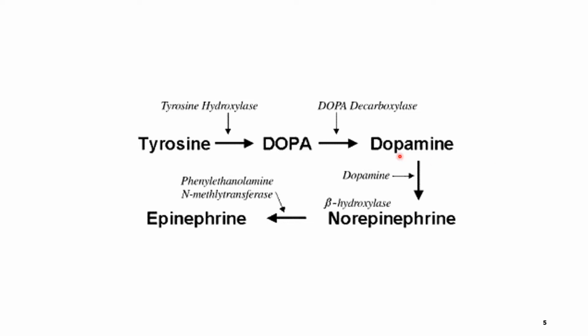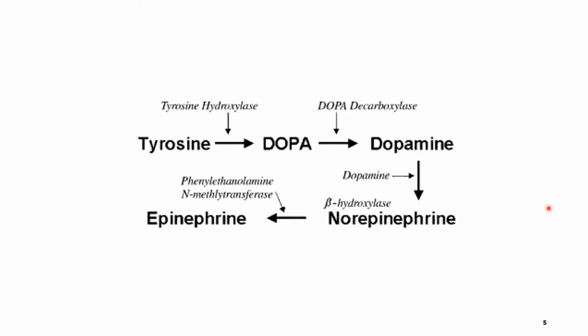Tyrosine is converted to dihydroxyphenylalanine or DOPA by the enzyme tyrosine hydroxylase. The DOPA is converted to dopamine in the cytoplasm through the action of DOPA decarboxylase.